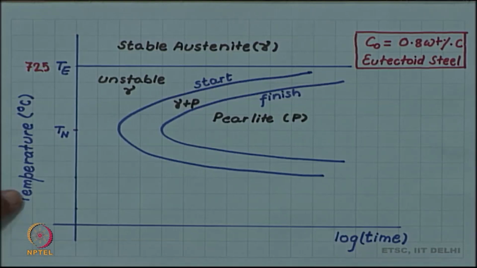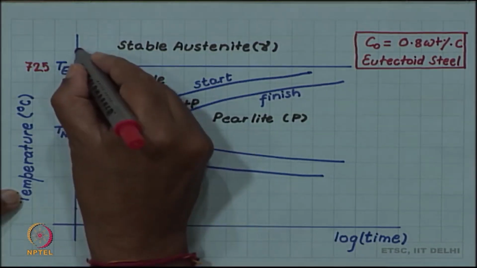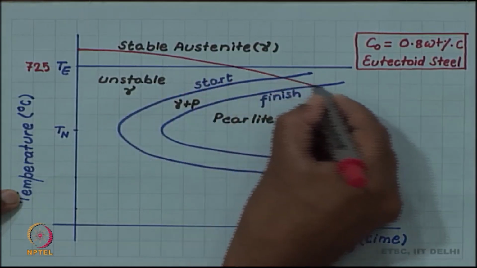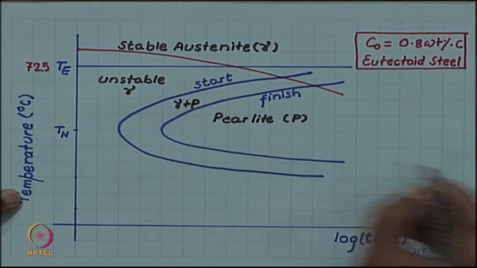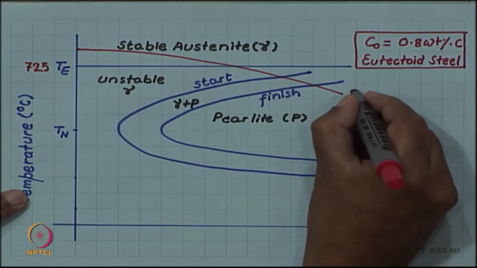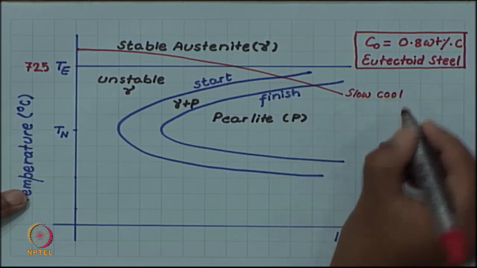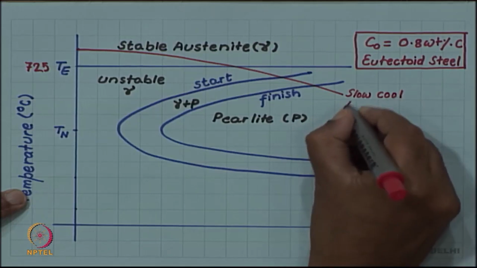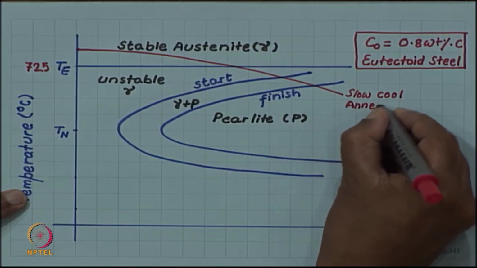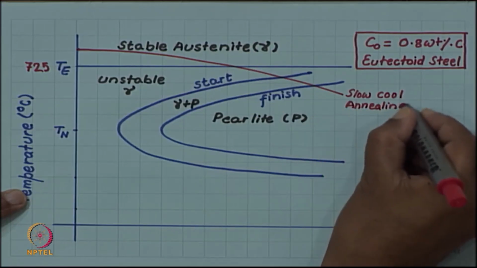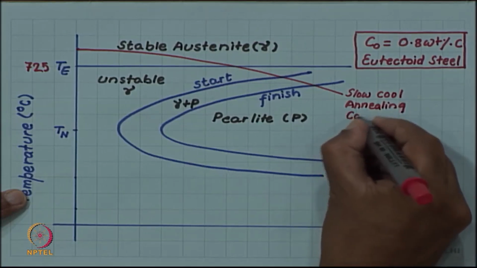We saw two curves in the last video. One was for slow cooling, which was annealing, so this we call annealing, and this produced coarse perlite.